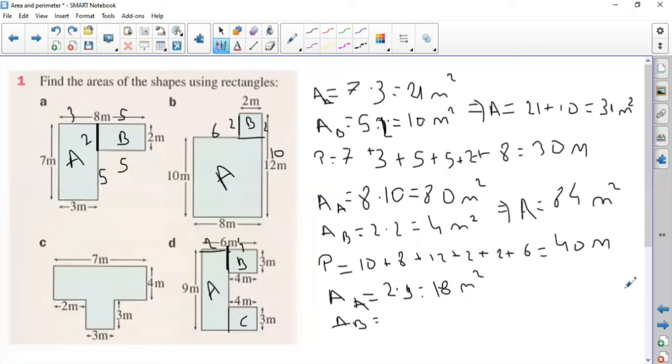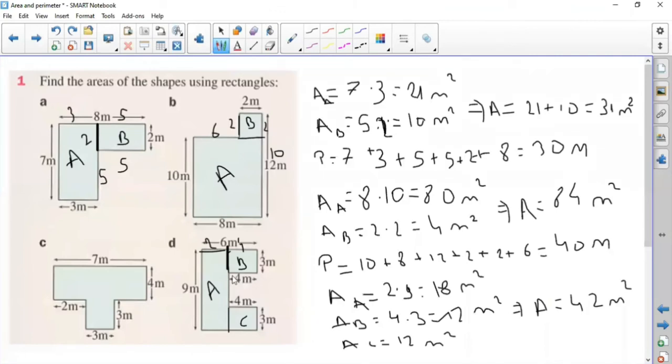Area of B is 3 times 4, which is 12. And it's going to be the same for C: 12 meters squared. So what is the total area? We have 30, 42, yes.